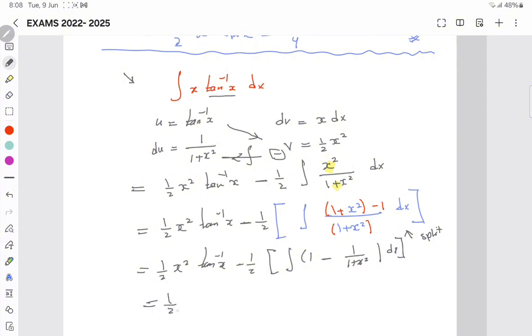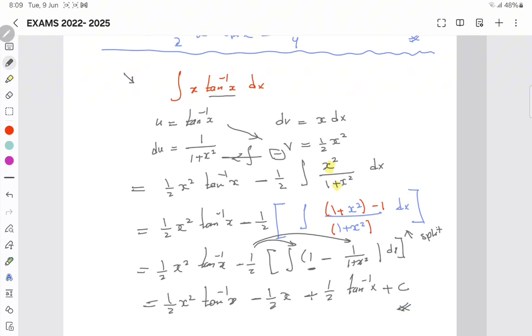So it's equal 1 over 2 x squared times tan inverse x. Note that negative half is distributed to every term after integrating. So the integral of 1 times negative half will be negative half x. The integral of the other term, negative times negative half, will be positive 1 half times the integral of 1 over 1 plus x squared, which will be tan inverse x. All of that plus c.